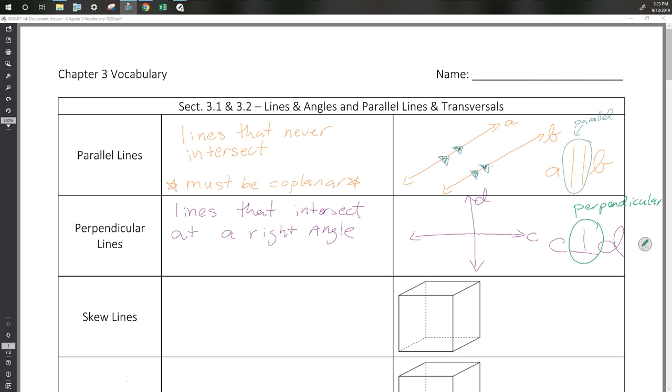And then we use this perpendicular symbol, and then we put the other line at the end.